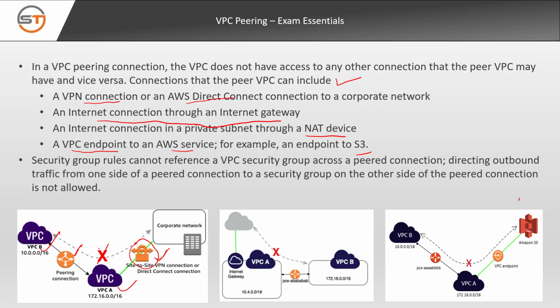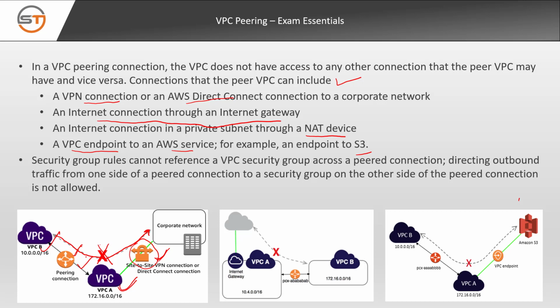This is not supported. VPC B cannot communicate through the peering connection to VPC A and on to the corporate network through the VPN connection which is attached to VPC A. So a VPC cannot communicate to the VPN connection attached to the VPC at the other side of the peering connection.